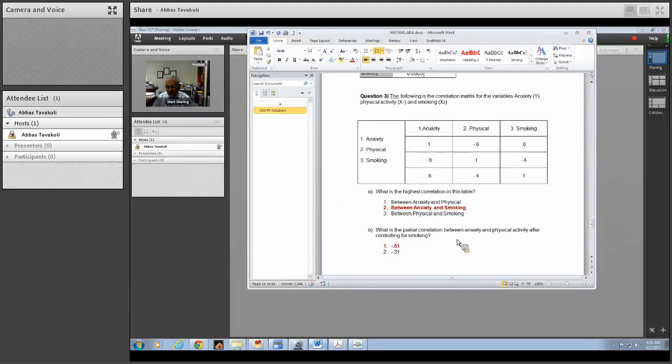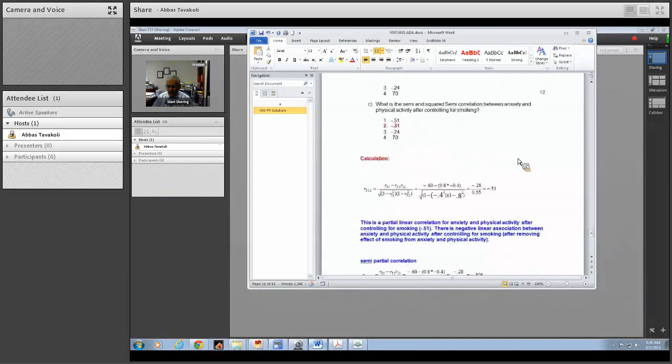What is the partial correlation between anxiety and physical activity after controlling for smoking? Again, we look at anxiety and physical activity after controlling for smoking. If you look at the formula for partial linear correlation, you're using RY1.2.